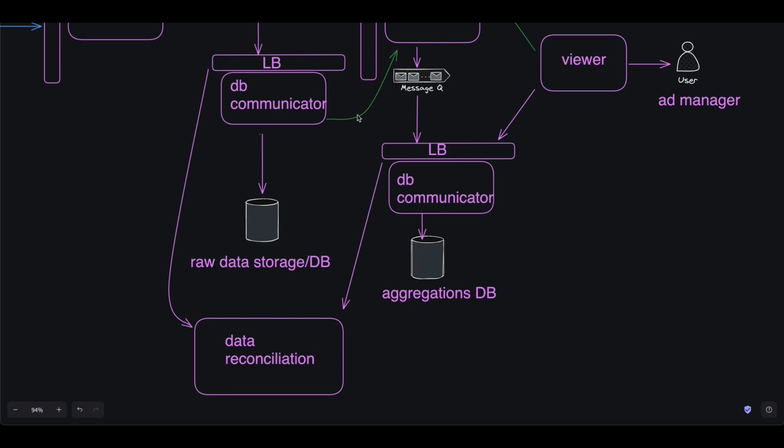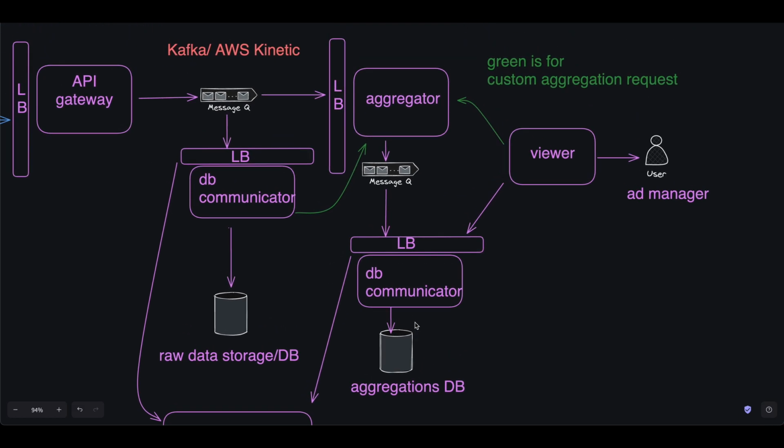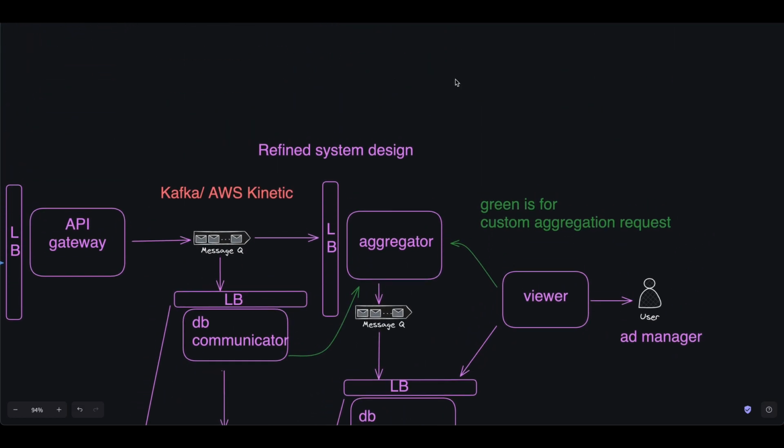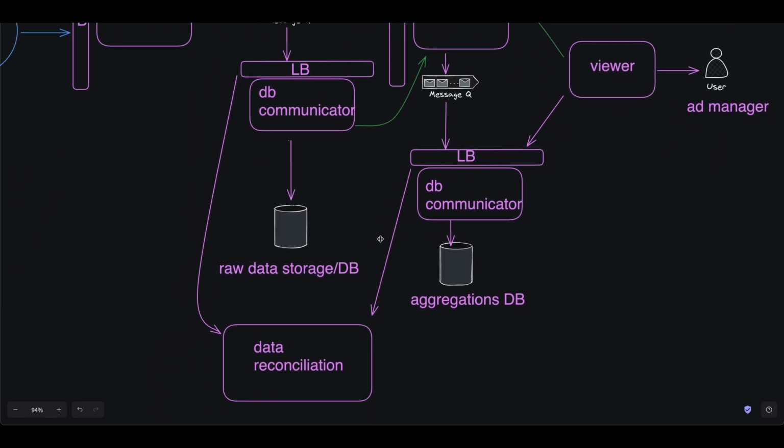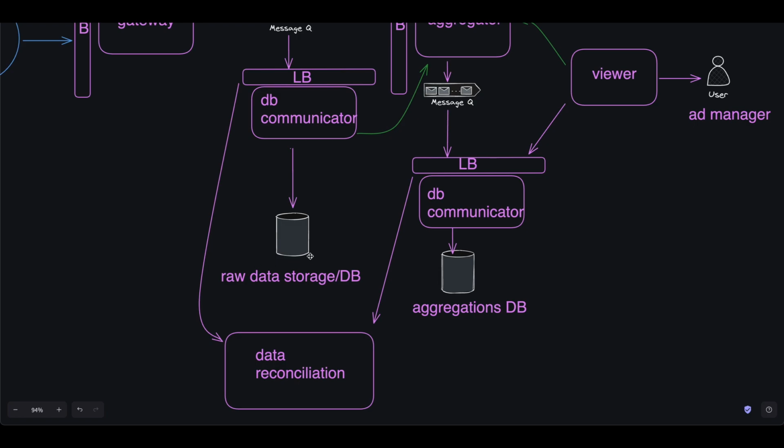So for this we will have a data reconciliation service that's going to communicate with raw data storage and the aggregation database. Basically, data reconciliation needs to have the functions of the aggregator, but it doesn't need to be near real time. So it can take some time to calculate, with no need to be in a rush.